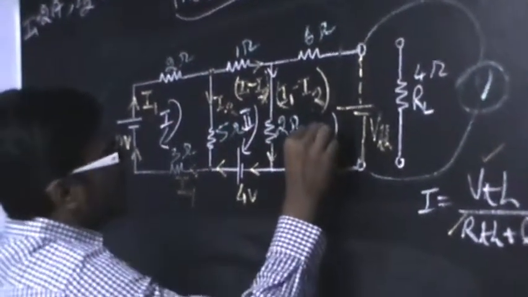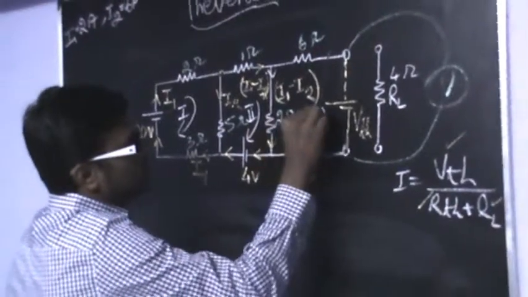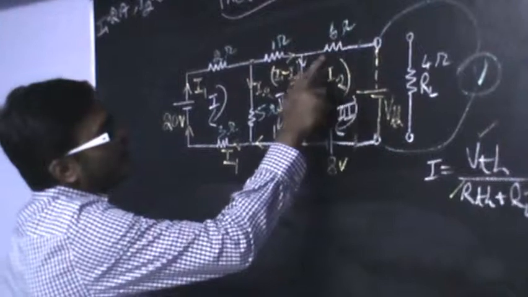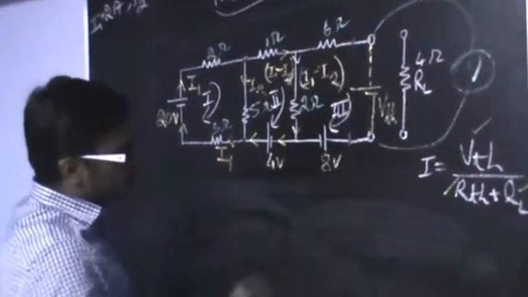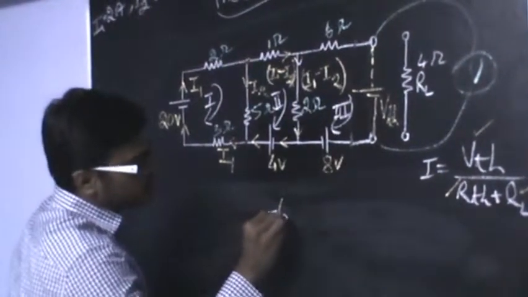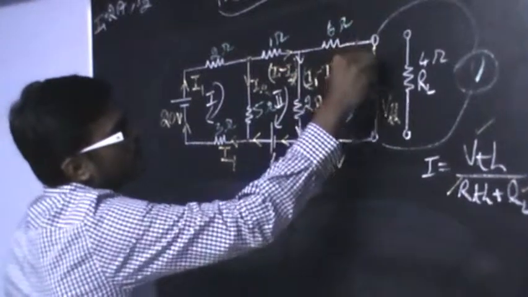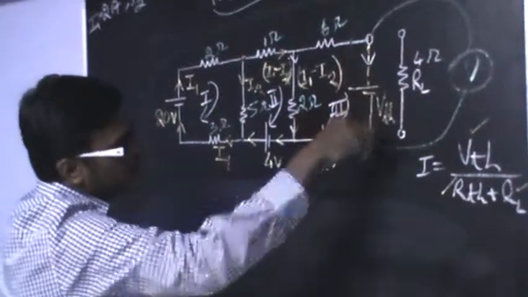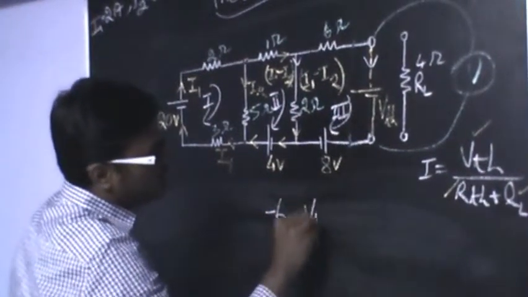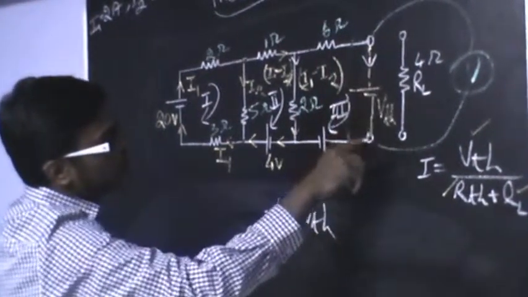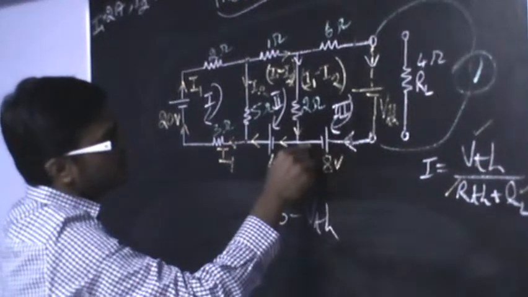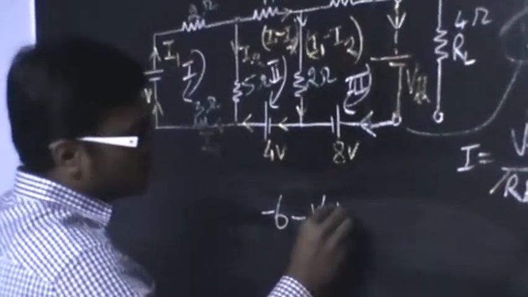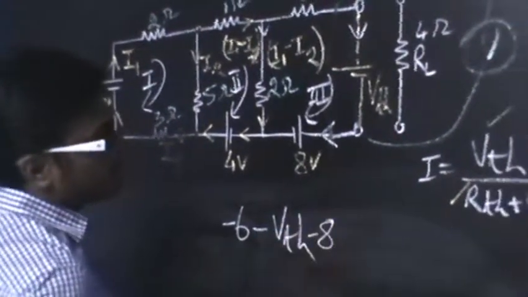So let me take this as the third loop, and here I don't have any current flowing through this, so I'll be getting -6. Here the current flows here, it comes down, and here the current is in the same direction, so minus VTH. Here the current flows in this direction, and here I have an 8 volt voltage source, so I'll be getting -8.